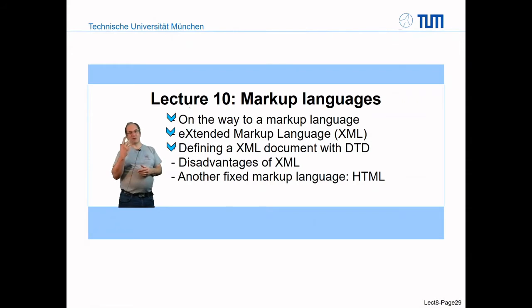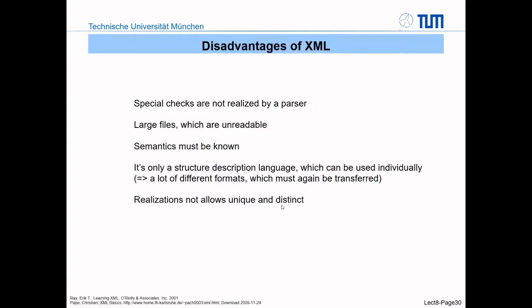So what are the disadvantages? If you think about that, you might directly come to some solutions. One is that the size of the file is really large. The file size really grows if you want to have understandable markup names or tag names.